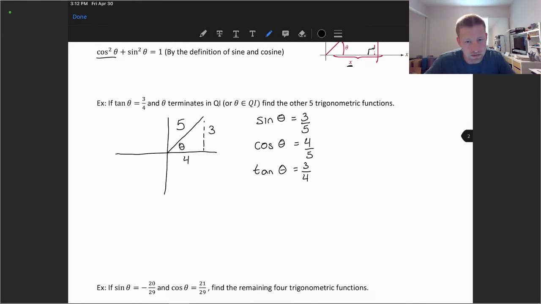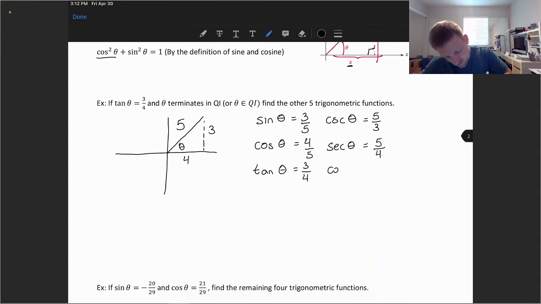And now we can get to work with the reciprocal functions: cosecant, secant, and then finally the cotangent function, which will be 4 over 3. So we have all 6 trigonometric functions here with that given tangent and first quadrant.